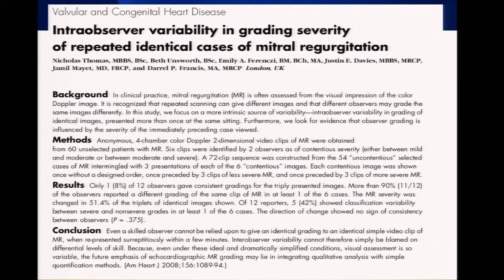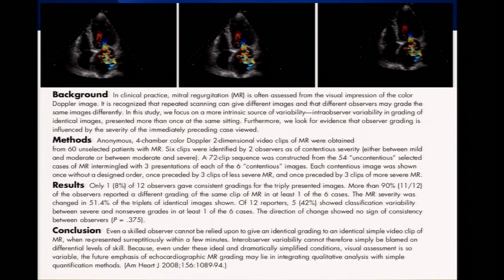They took a large volume echo lab in the UK and tested the inter-observer variability of the same color Doppler image, a 4-chamber color Doppler of MR. They varied whether it was preceded by clips that showed more severe or less severe MR, and looked at the order of clip presentation and asked how good these senior experienced echocardiographers are at interpreting the same clip the same way.